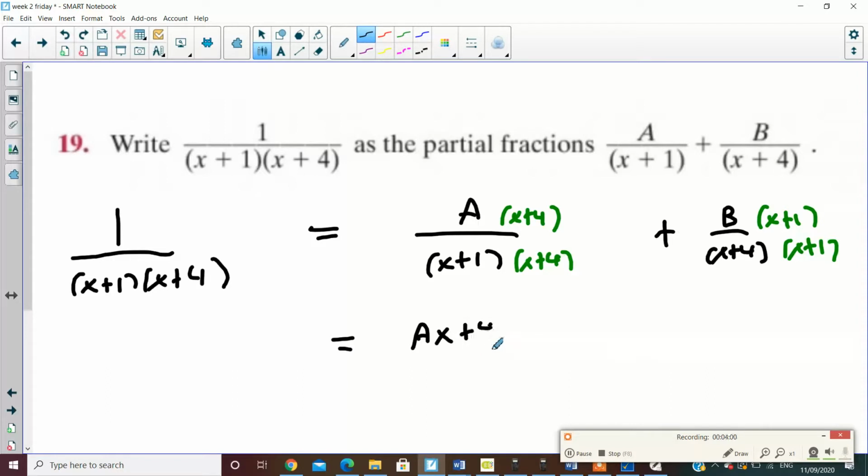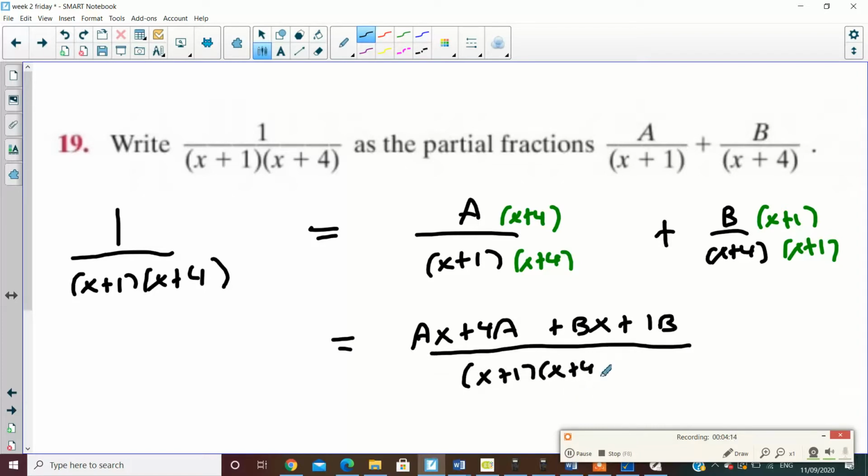Now, ax plus 4a plus bx plus 1b, all over x plus 1 and x plus 4, has to equal 1 over x plus 1, x plus 4. I'm going to add in an extra plus 0x here.